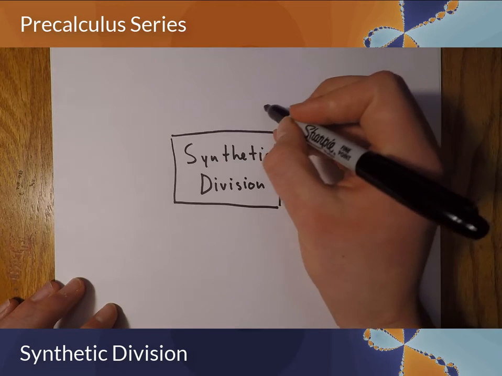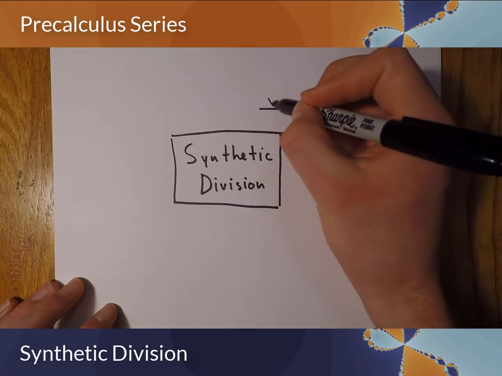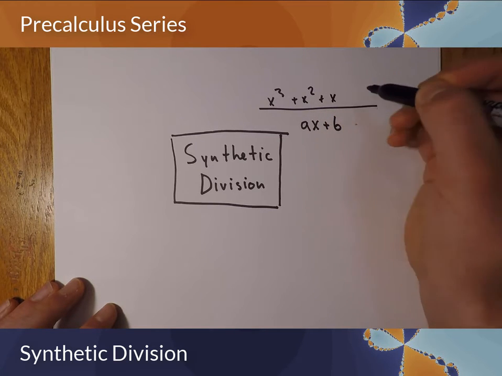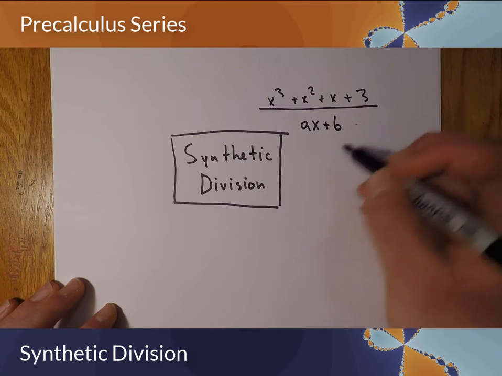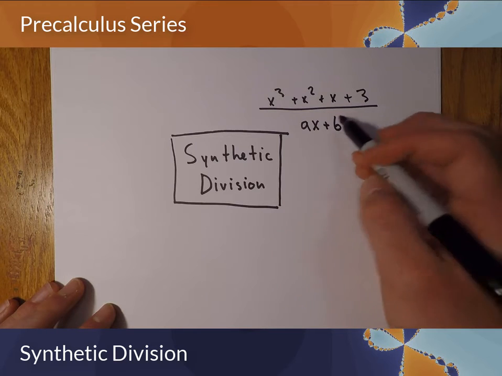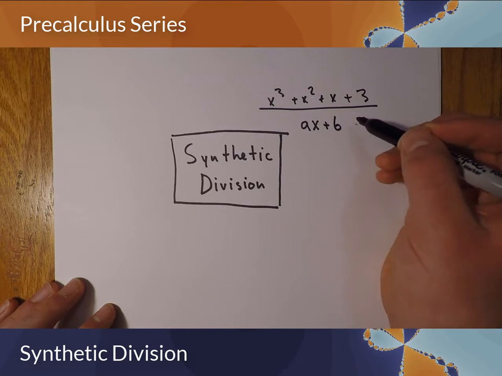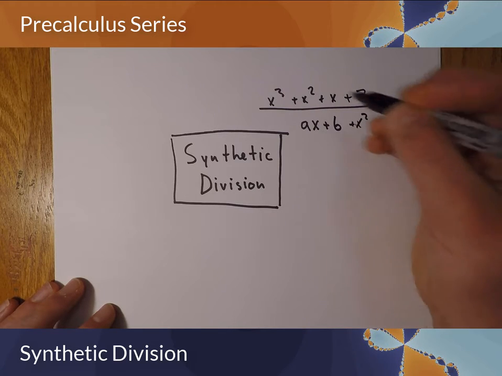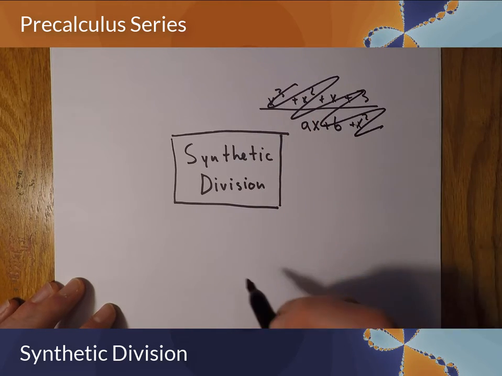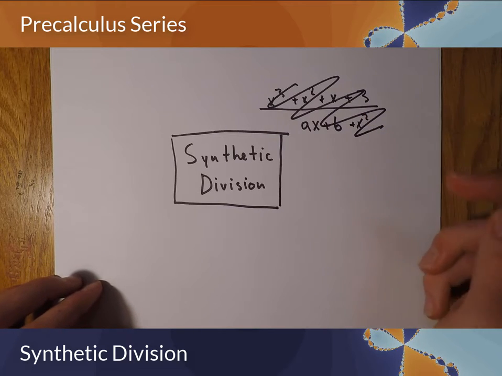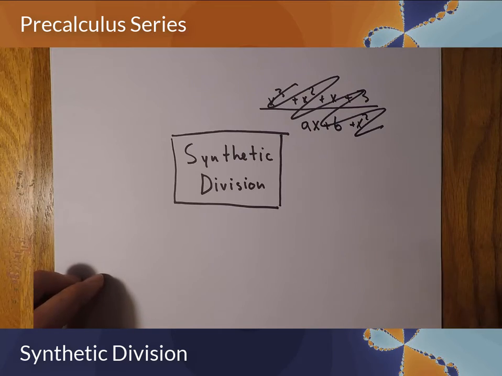So if you're dividing this massive polynomial, like x cubed plus that, x squared plus x plus 3, you can only use synthetic division if you're dividing by some sort of linear factor. As soon as you have an x squared down here, this whole thing goes void. Alright, so just keep that in mind with synthetic division, and let's get started and show you how much quicker synthetic division is than long division.